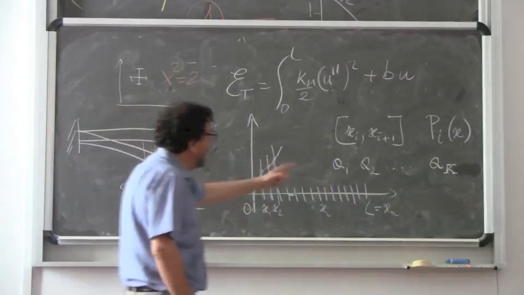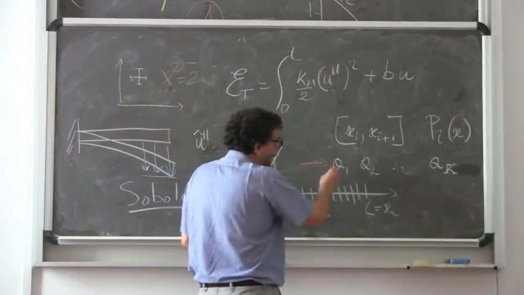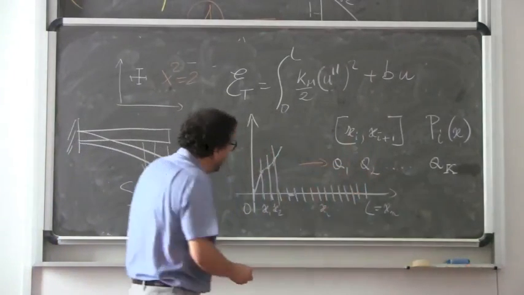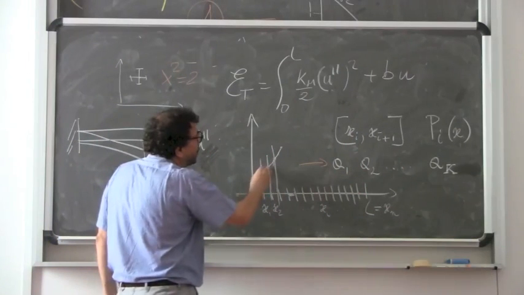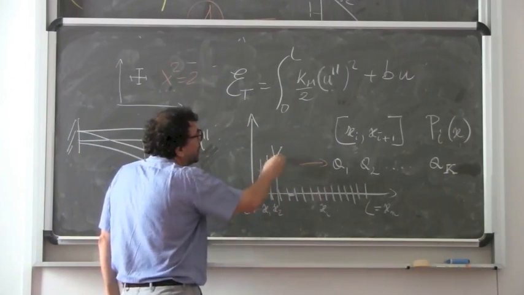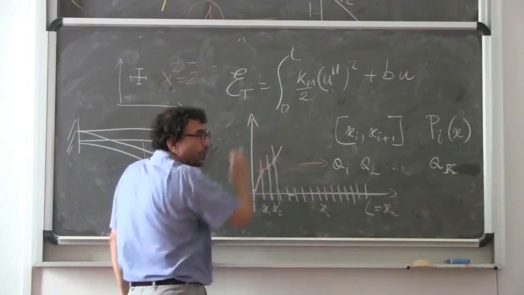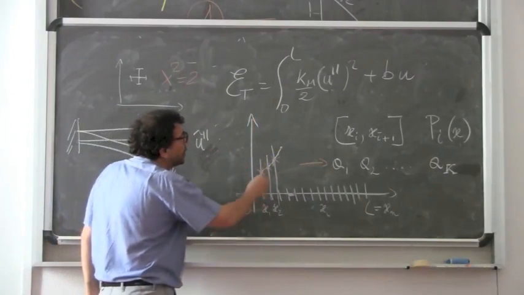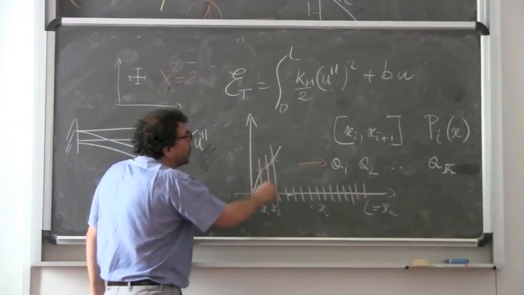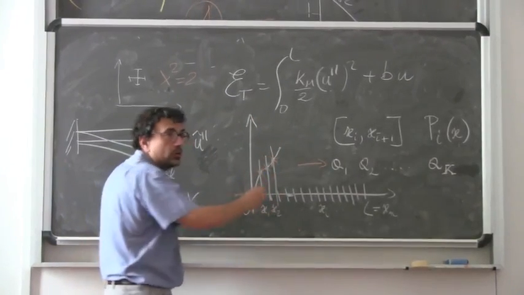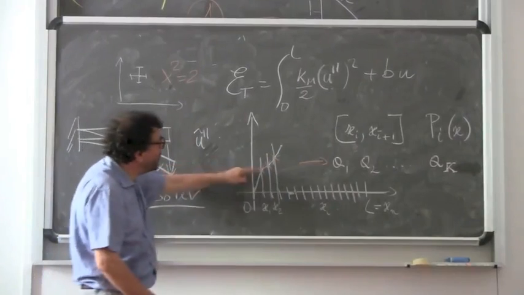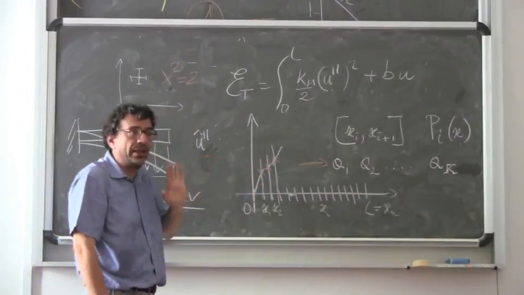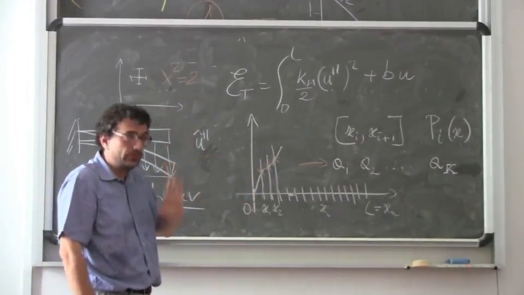So, I have these parameters. If you have a piecewise linear approximation for u second, these parameters correspond to the value of u second in these nodes. So, these values you can choose as well. Okay?